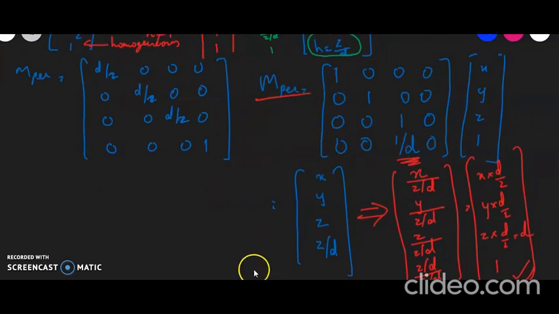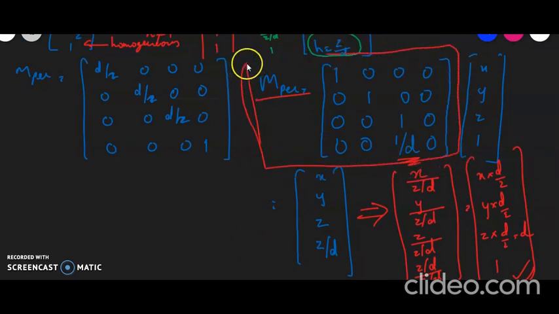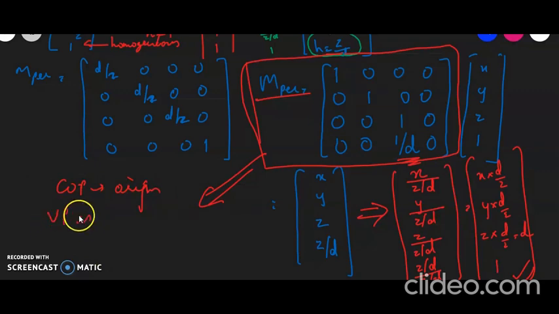So this becomes your final M perspective matrix when your center of projection is at origin and your view plane is at a distance d from origin. These are the two things that are given to us, and on that basis I get this as my M perspective matrix. Now you put any value of x, y, z here, you get your final answer.